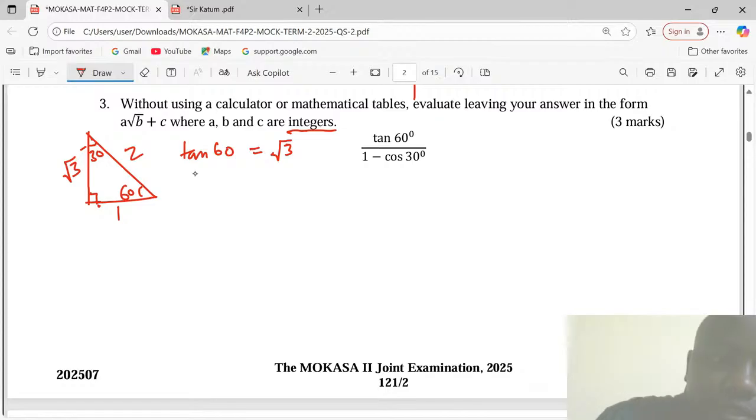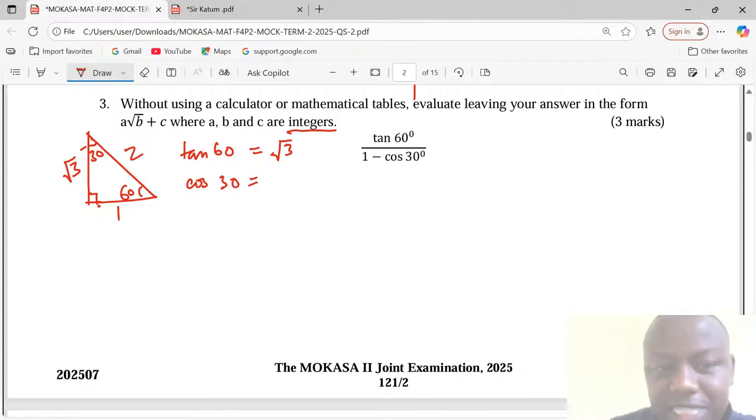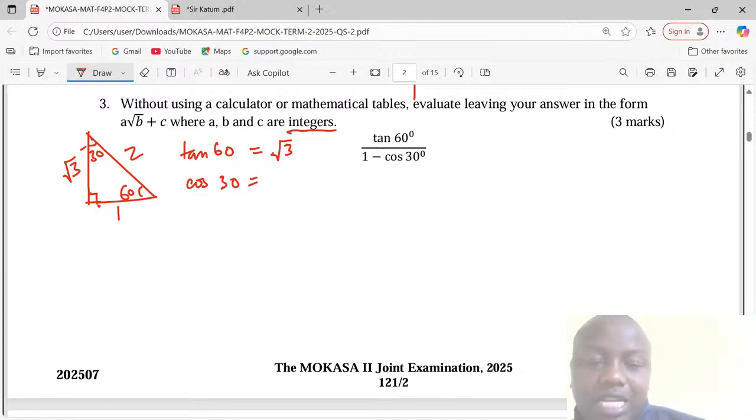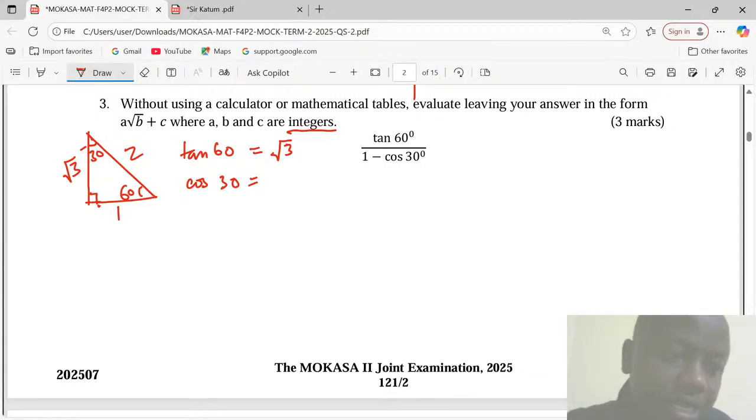So the cosine of 30, look at where 30 is. The cosine of 30 is supposed to be adjacent over hypotenuse. So the adjacent length is the root of 3. The hypotenuse is 2.